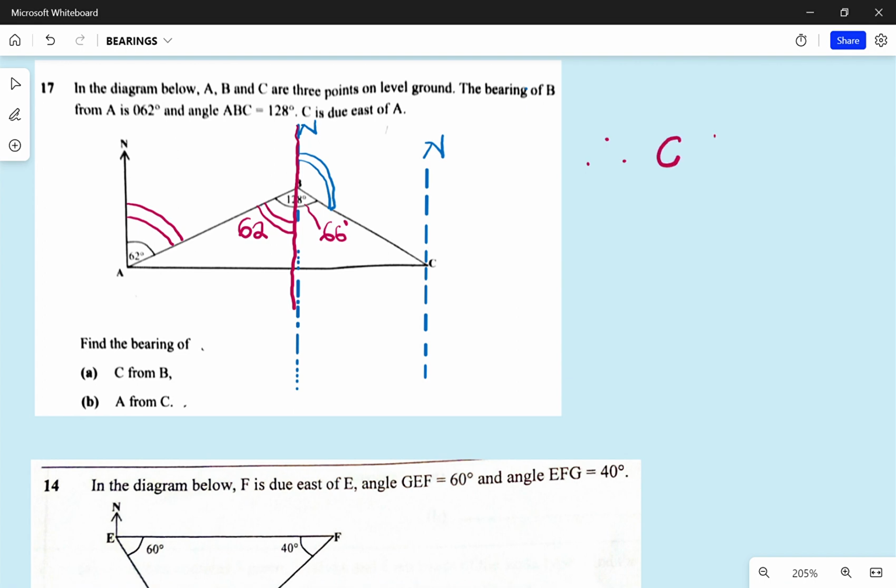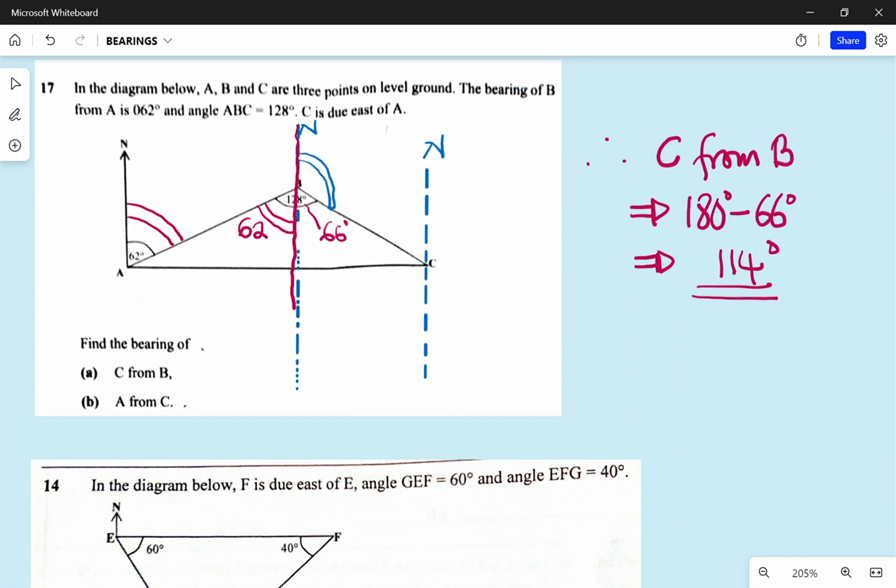C from B is simply going to give me 180 degrees minus 66 degrees, which is going to give me 114 degrees there. Okay, that is my bearing of C from B. I hope you are following and following right.